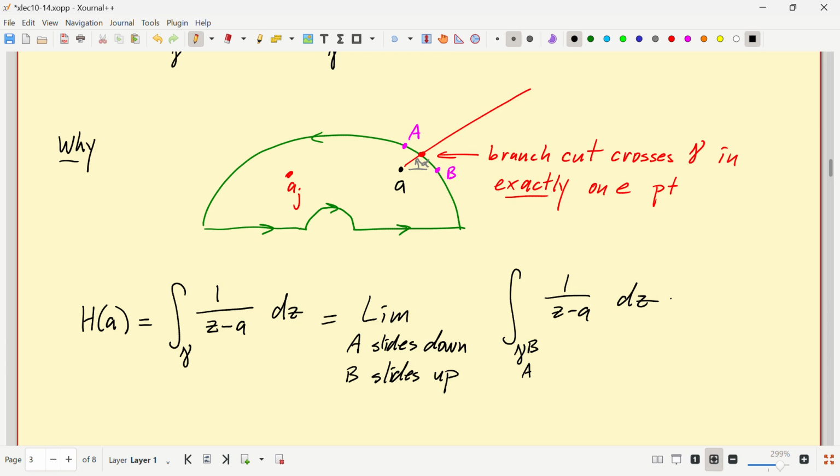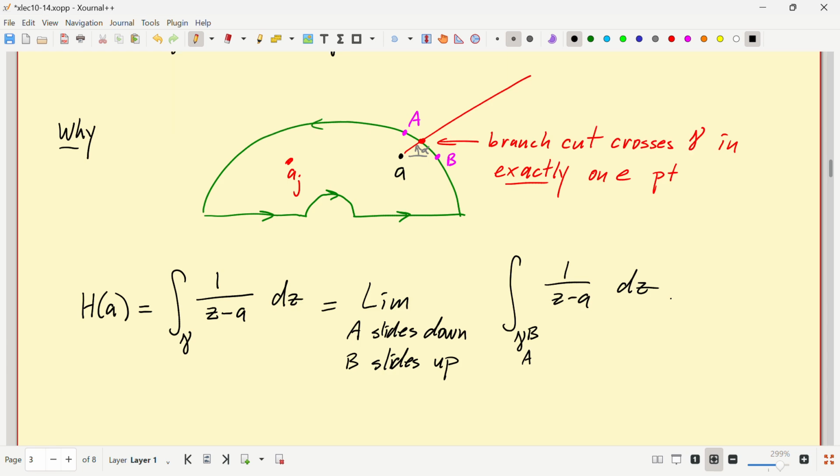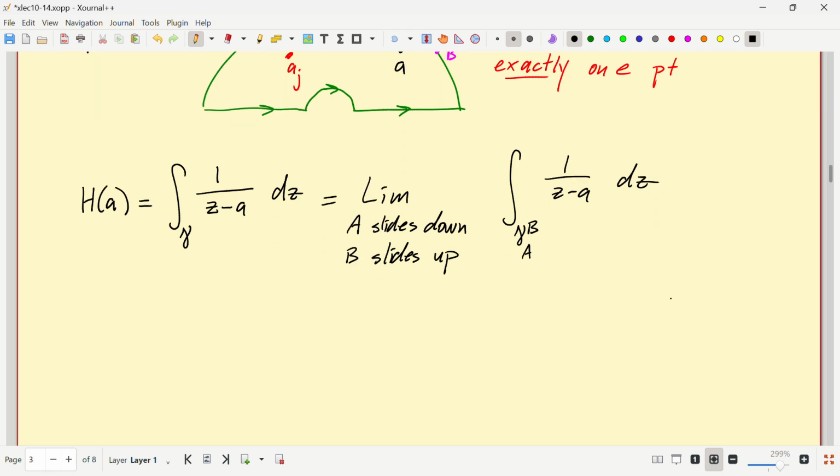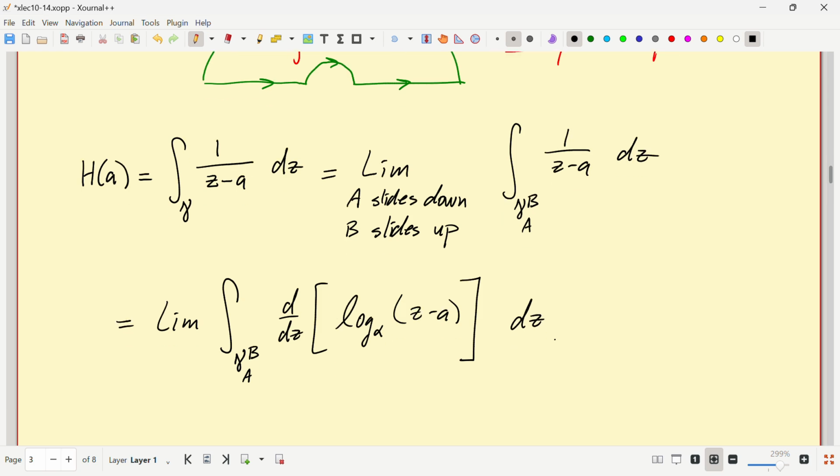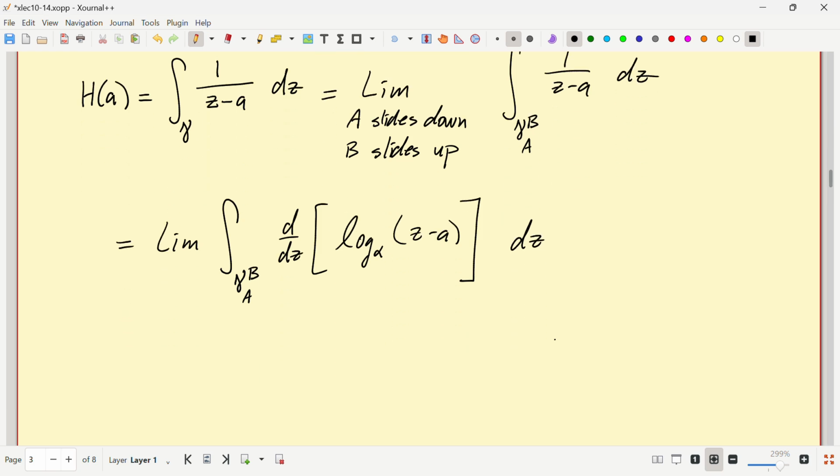And in that region, the log function is analytic. And we know the log function is an antiderivative for 1 over z minus A. So this is going to be a limit of the integral of that piece of the curve, and I can have d by dz of that branch of log of z minus A, as I slide A down and B up.